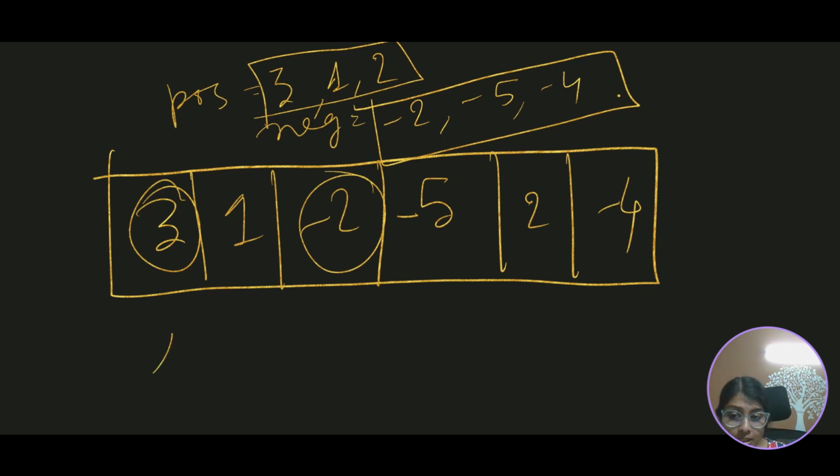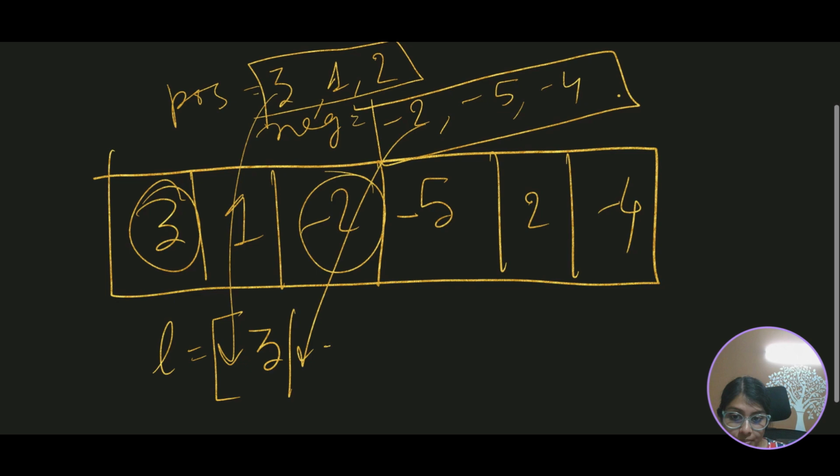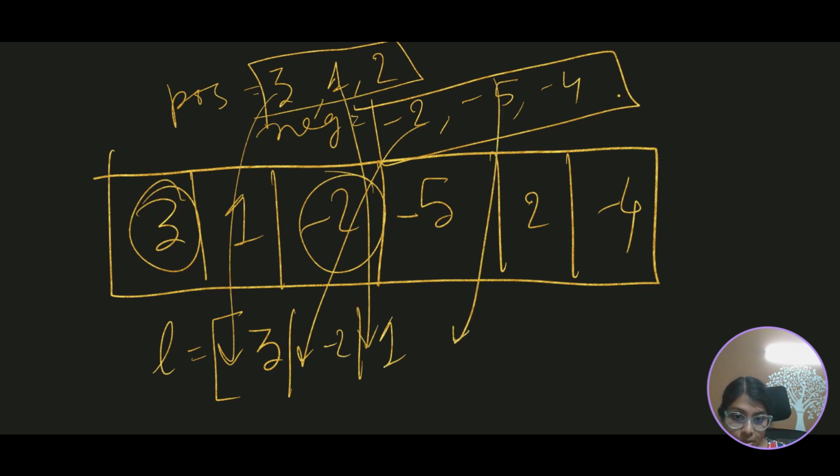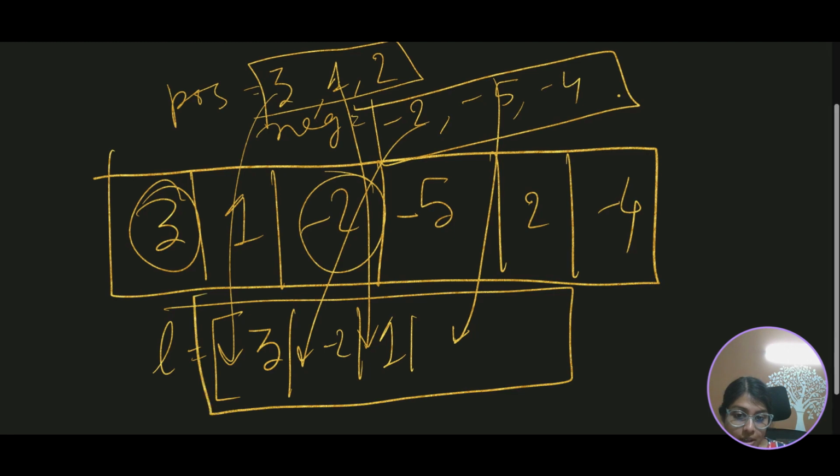Now what will I do? I'll create a third list, and first I will append from here 3, then I will pop from here. Again, I will pop from here. Again, I will pop from here. That way, my alternate positioning array is ready, and that will be my final output.